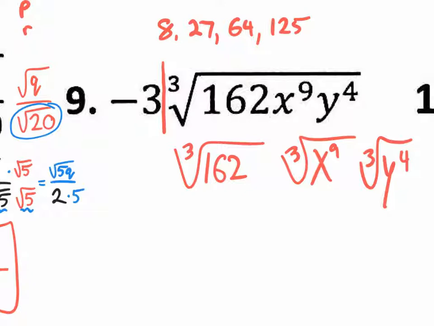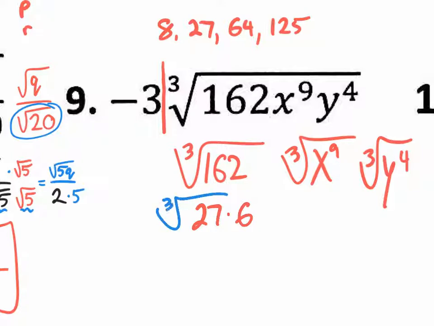Anyway, which one of these perfect cube numbers will work when I divide 162 by it? So on a calculator, all you have to do is say 162 and try to divide it by, let's say, 27. And if I do divide 162 by one of these perfect cube numbers like 27, I'll get the answer 6, which means that 27 times 6 is 162.